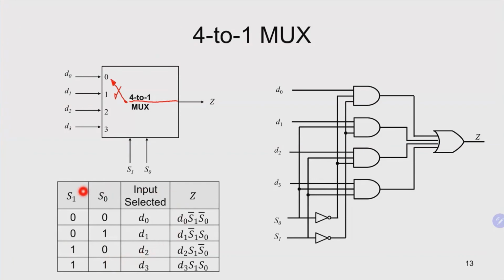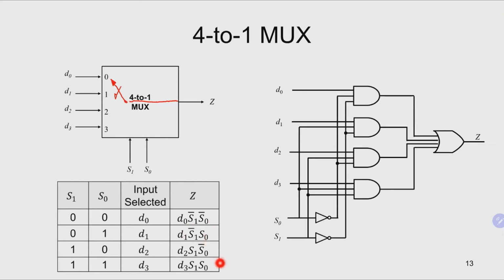Our function Z can be derived by combining the products of these inputs. For 0, 0, that will be S1 bar, S0 bar, and with D0, and that will be the output for Z. For the next one, 0, 1, that will be D1, S1 bar, S0.